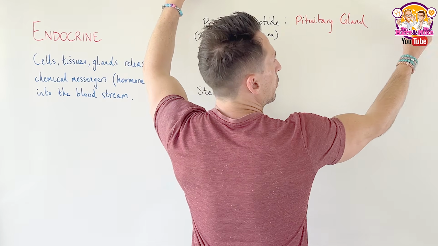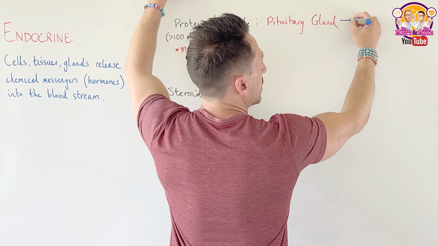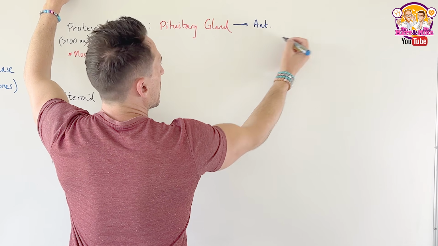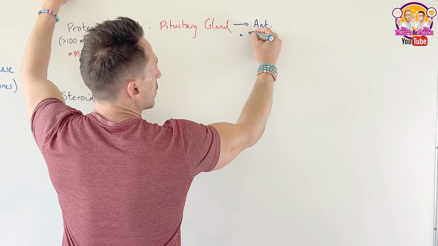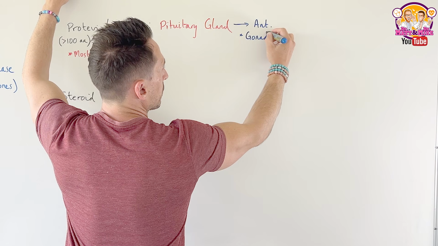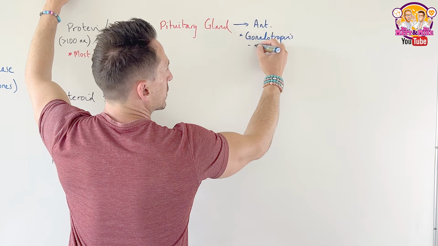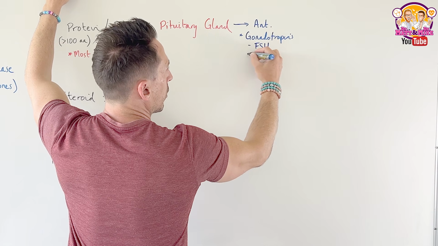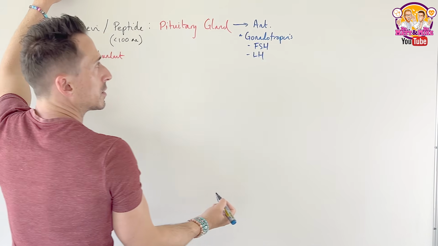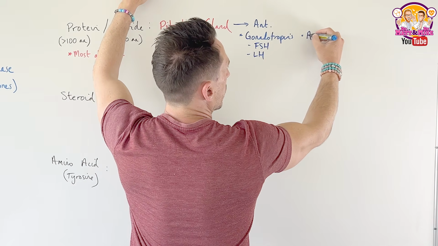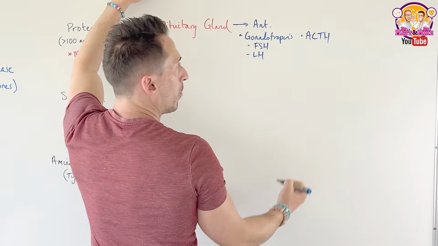So for example, if we have a look at the anterior lobe of the pituitary gland, that's going to include the gonadotropins. And those gonadotropins are follicle stimulating hormone and luteinizing hormone. We've got the adrenocorticotropic hormone.